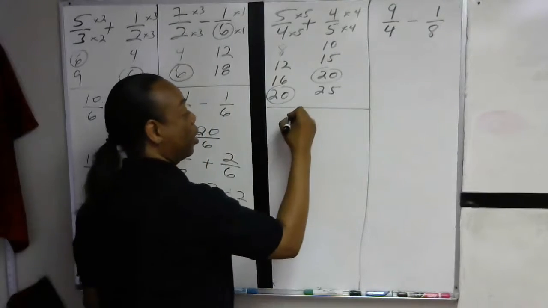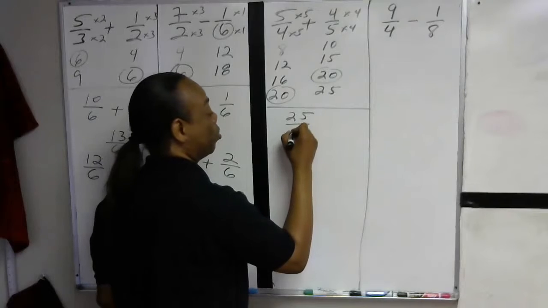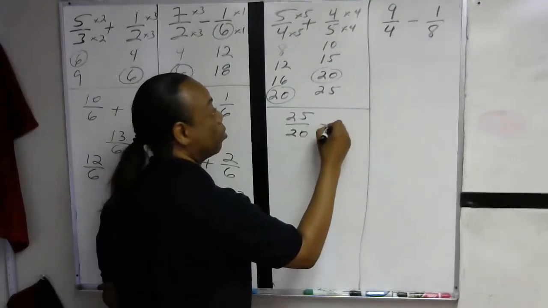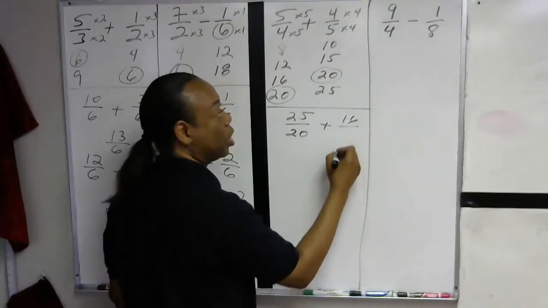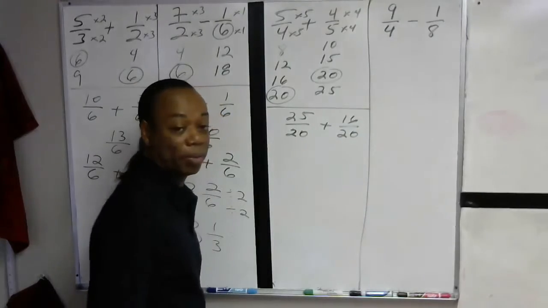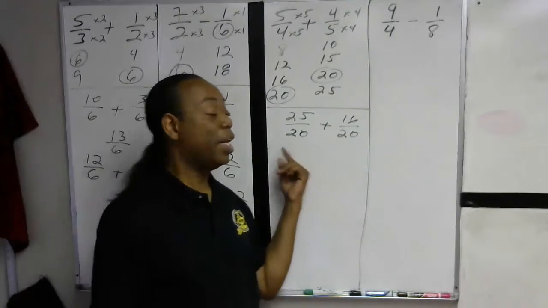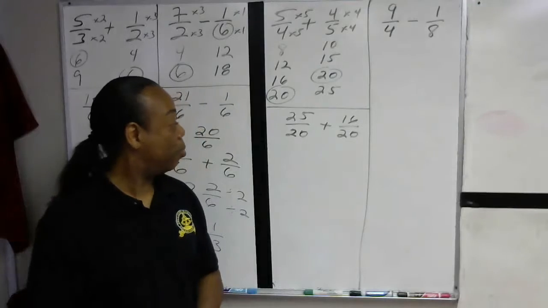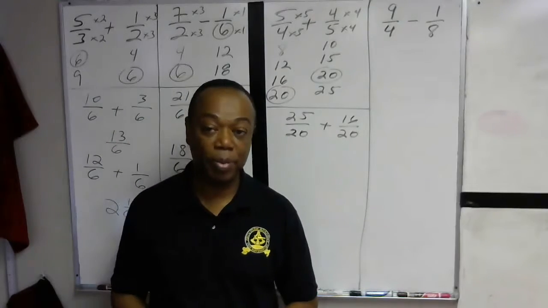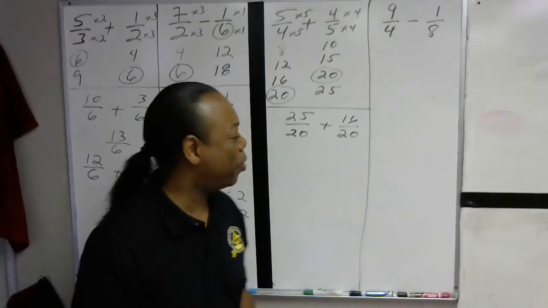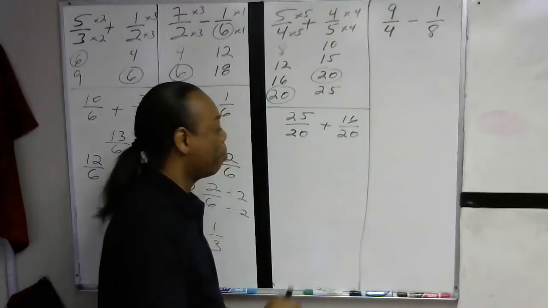The answers will be 25, 20, 16, and 20. Now I can add my numerators together, 25 plus 16, which I think will be 41.